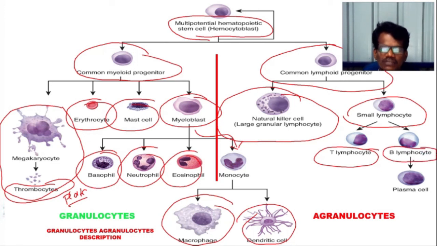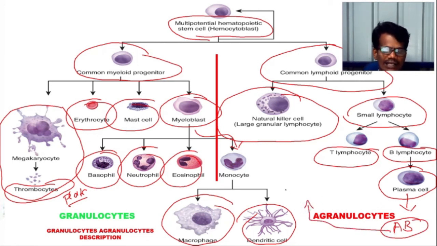B lymphocytes produce plasma cells. From the plasma cell, antibody or immunoglobulin molecules will be formed. Immunoglobulin molecules will destroy the pathogens entering our body like bacteria and other toxins, whereas T lymphocytes will kill virally infected cells and cancer cells.